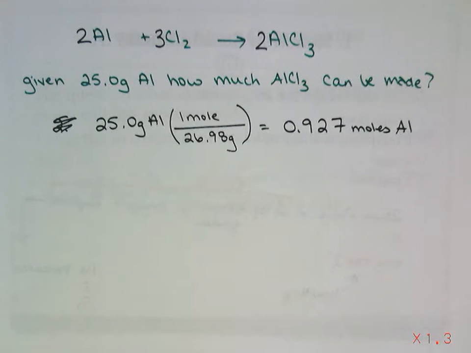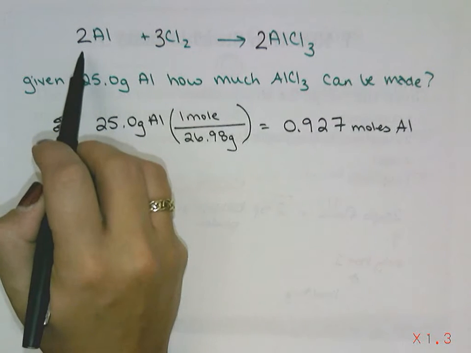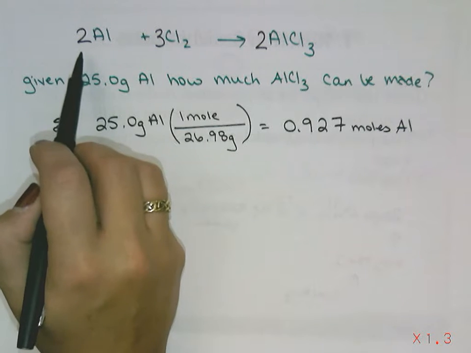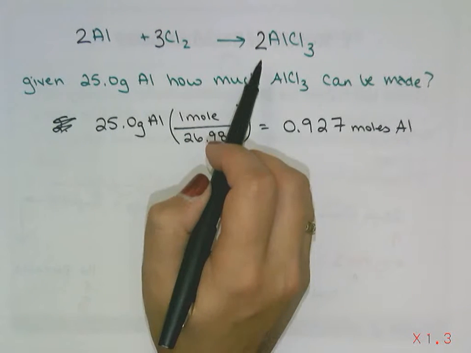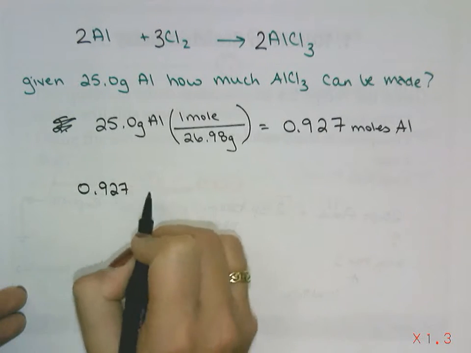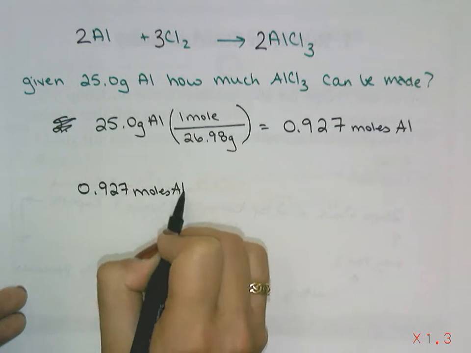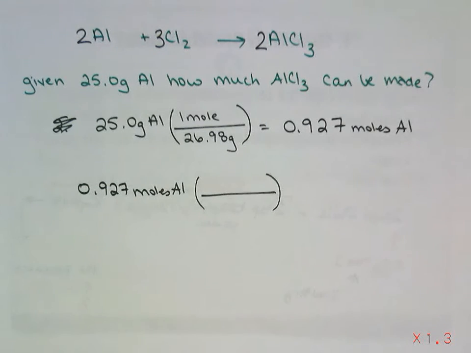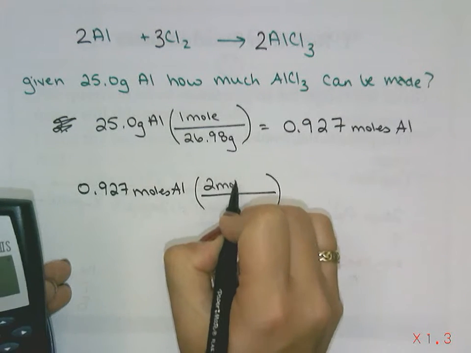Okay, good. All right, how do I convert moles of aluminum to moles of aluminum chloride? If I put in 2 moles of aluminum, how many moles of aluminum chloride do I get? 2. It is, and you don't have to show the math, but it's a good habit to always write it down, because it won't always be 1-to-1.